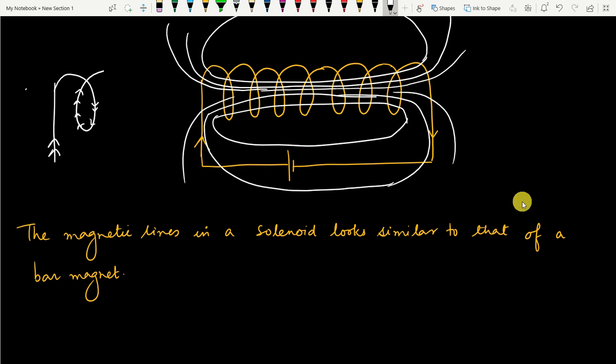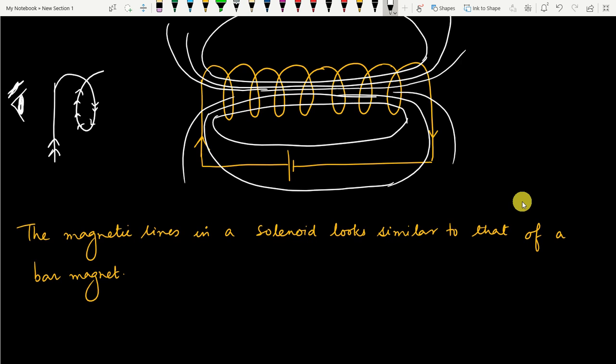So try to visualize from this side, the side from which the current is entering. If you look from this end, you see this current is moving in a clockwise direction here.